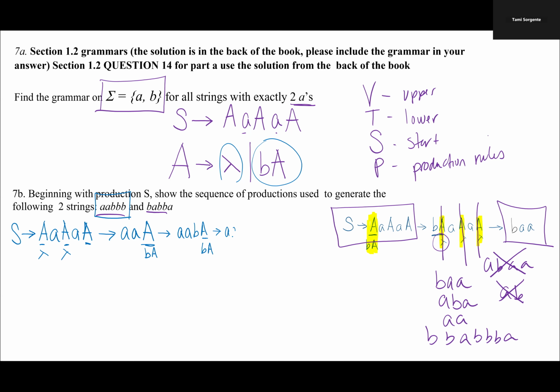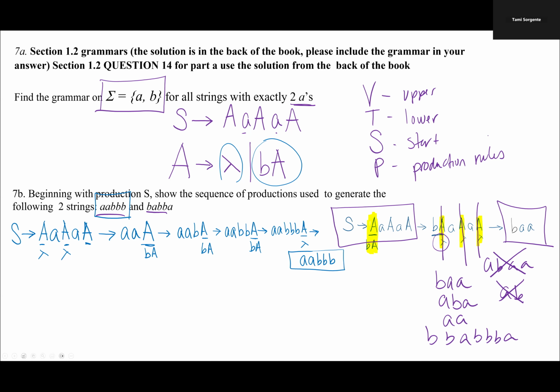So I'll have AA, the B that I already got, and I'm going to pick up another B. Then I'm going to have to pick up a third B. So I'm going to have A, B, B, B, A. And then I can finally replace this with lambda. And I have generated the string that was asked for in the question, which is A, B, B, B.